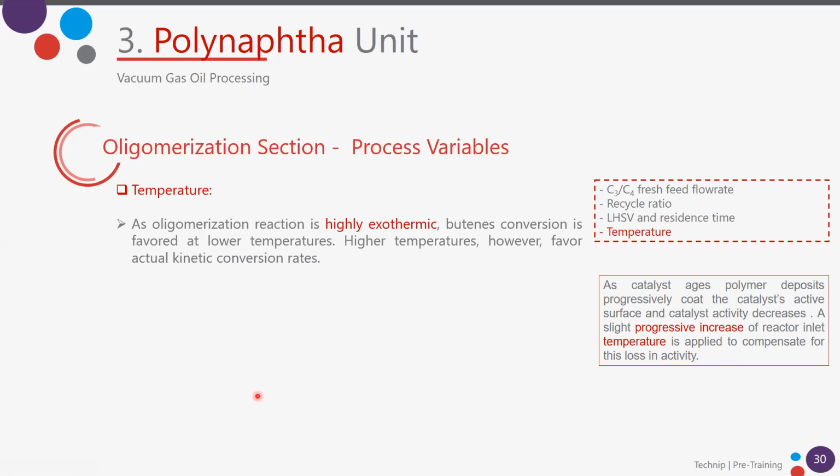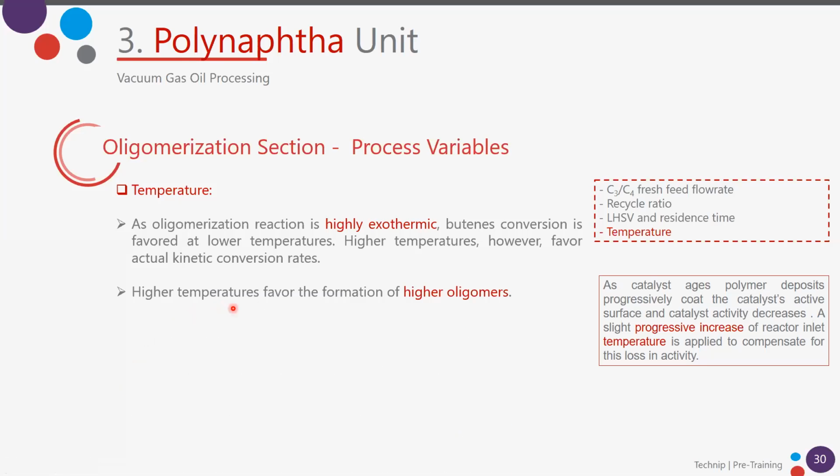These reactions are highly exothermic. So butene conversion is favored at lower temperatures. Higher temperatures, however, favor conversion rates. So there is a compromise between kinetics and thermodynamics in the reactions. You favor a lower temperature because it is exothermic, but higher temperatures will increase the conversion rates.